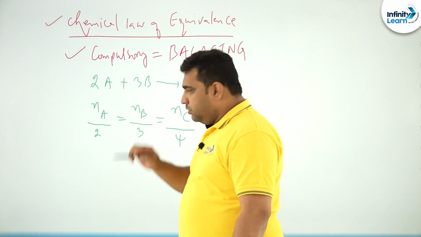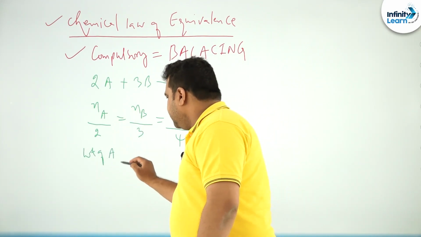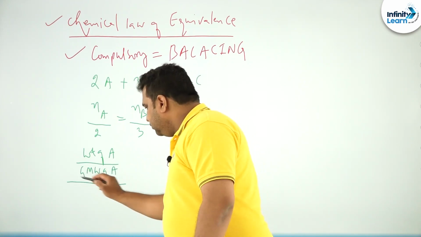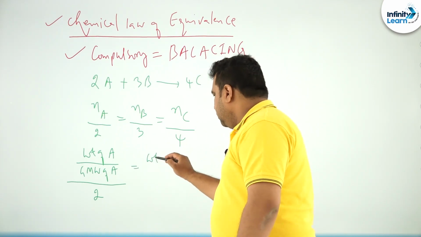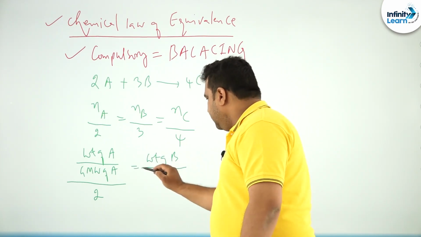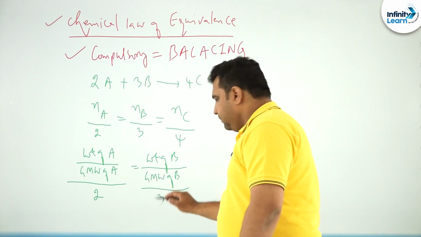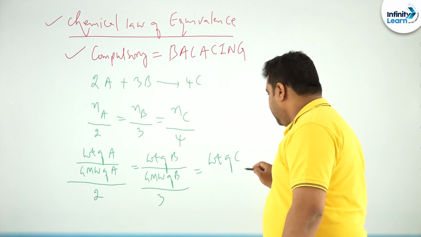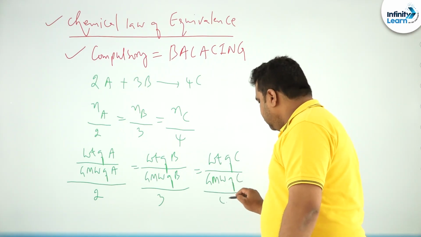And instead of number of moles of A, you can write weight of A by gram molecular weight of A, by 2, is equal to weight of B by gram molecular weight of B, by 3, is equal to weight of C by gram molecular weight of C, by 4.